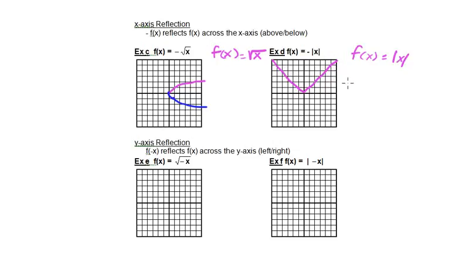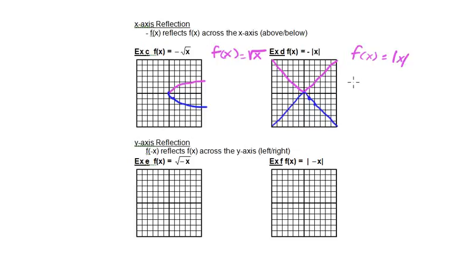Now when we want to graph f of x is equal to negative absolute value of x, again, all of the y values take on negative values. So the point positive 1, 1 reflects down to 1, negative 1. And the point 2, positive 2 reflects down to the point 2, negative 2, and so on. And we get the upside down V.